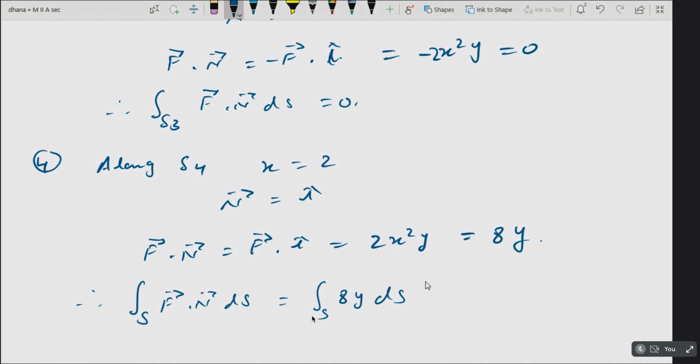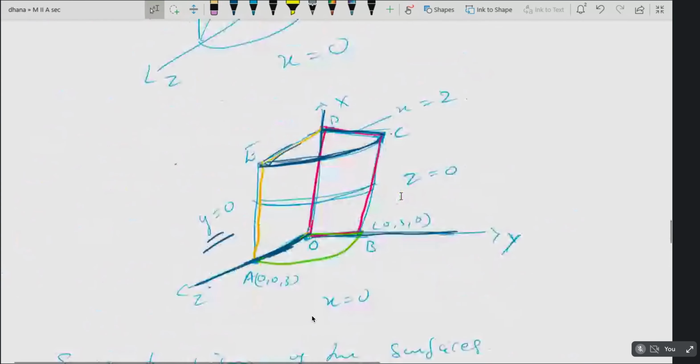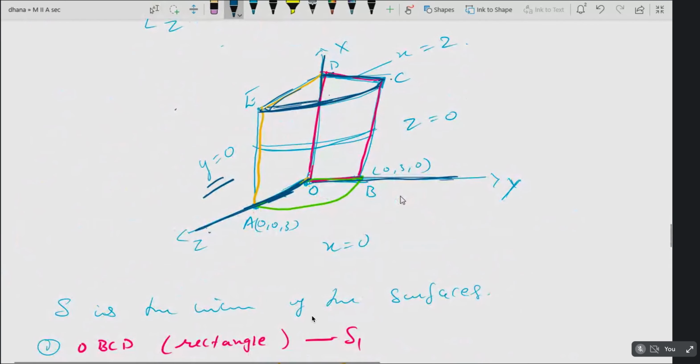Now since I have a function, not 0, I need to consider my ds also. For ds, I need to take the projection on any of the planes such that I get a closed curve again. Suppose you take the projection on the YZ plane. Look at the graph here.